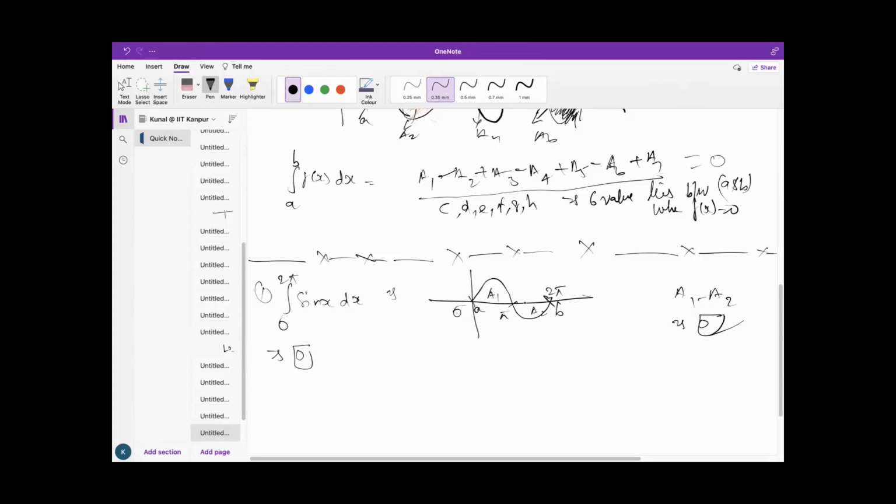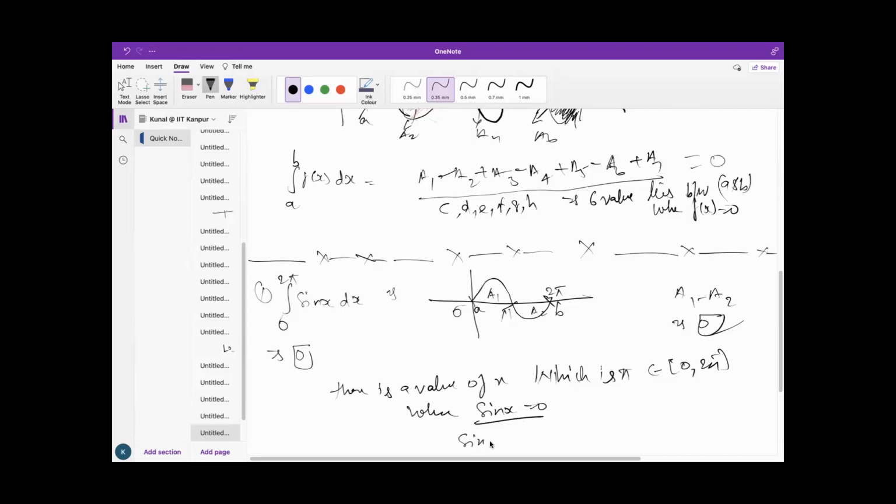So what I'm trying to say is this is actually pi, right? So if you look here, there is a value of x which is pi, which lies between 0 and 2 pi, where sin x is 0.